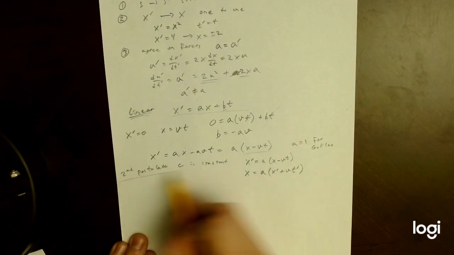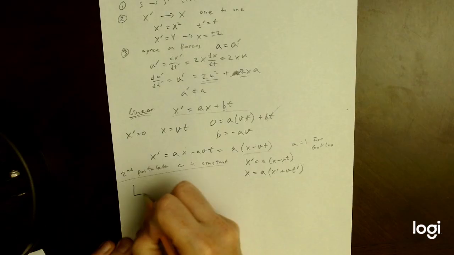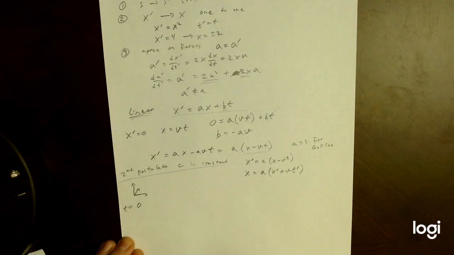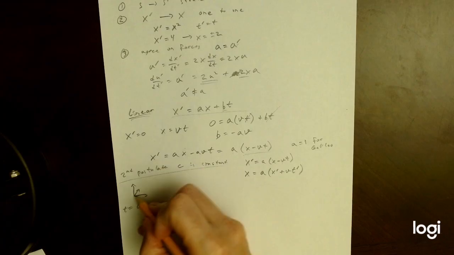And I'm going to use this second postulate and say, what if at some time t equals 0, in the unprimed coordinate system, the primed coordinate system is exactly overlapping.